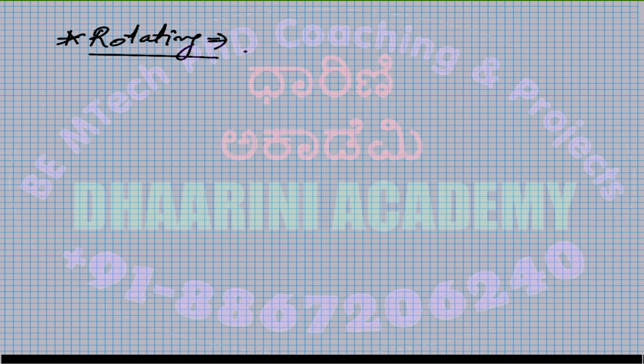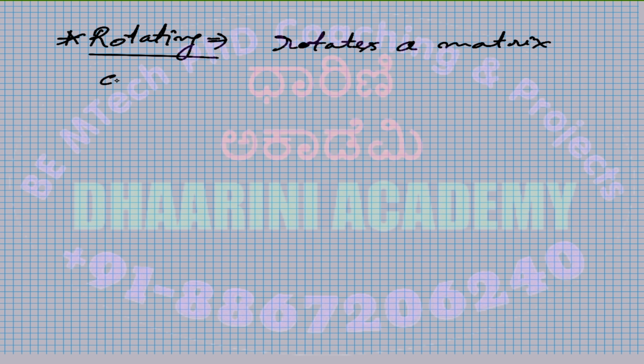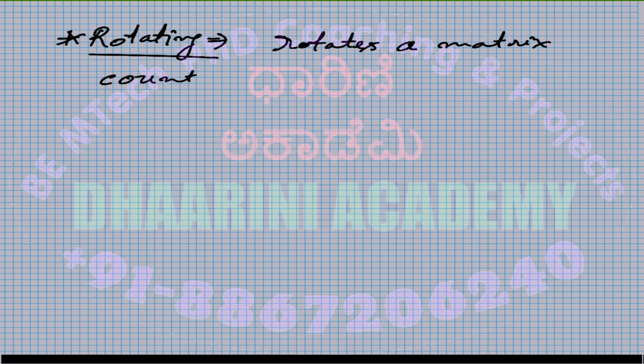It's used to rotate a matrix counterclockwise by 90 degrees, right? So it rotates a given matrix counterclockwise by 90 degrees. This is the first option.